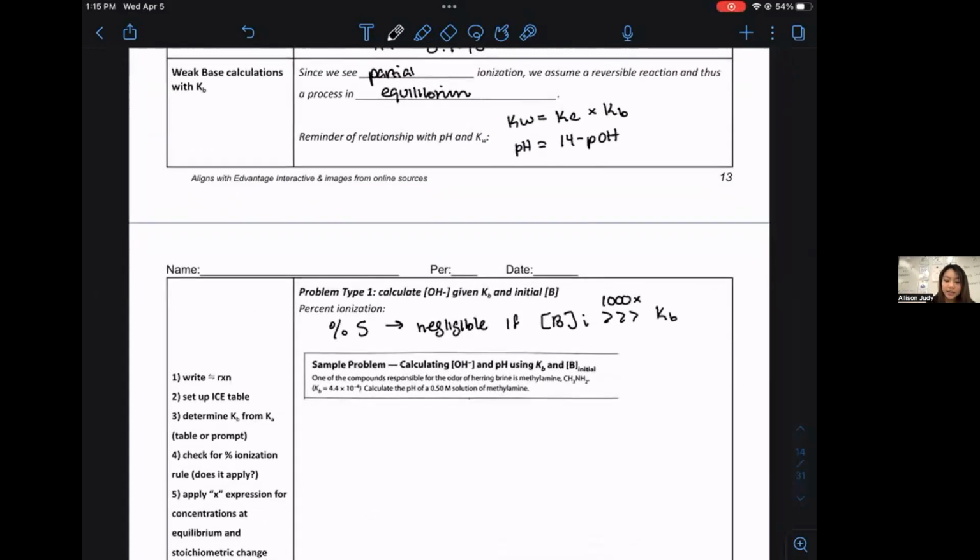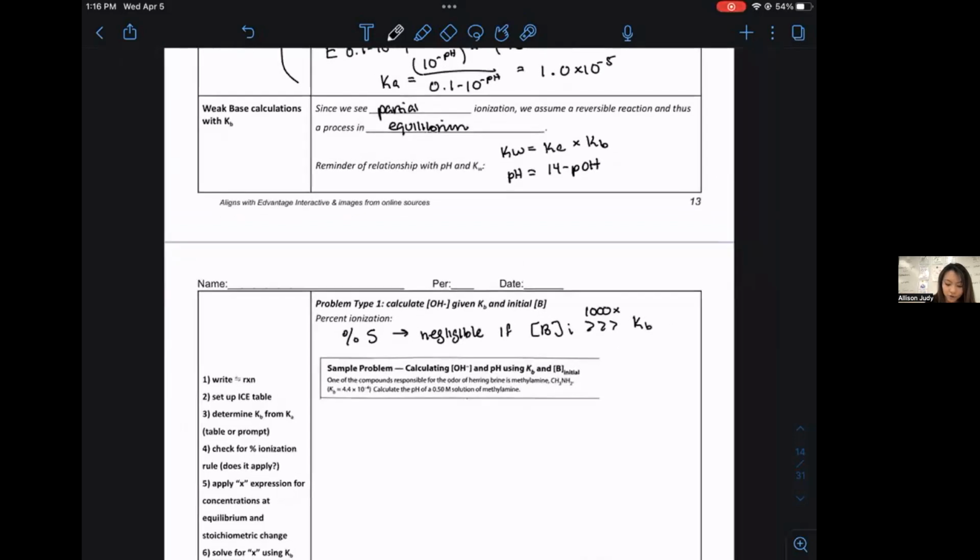So here we're told that we have methylamine, okay? And we have the Kb of methylamine given to us, and we have the pH of the final solution. And we're asked to determine the OH, the base ion produced.